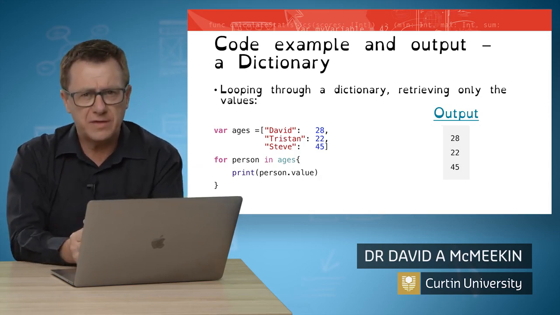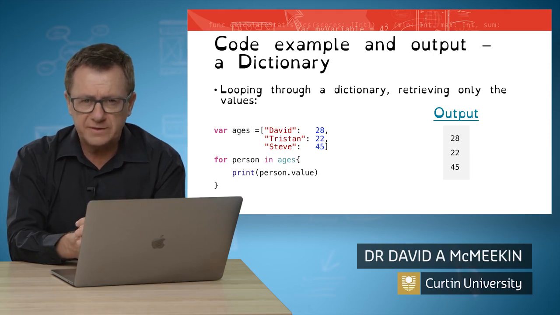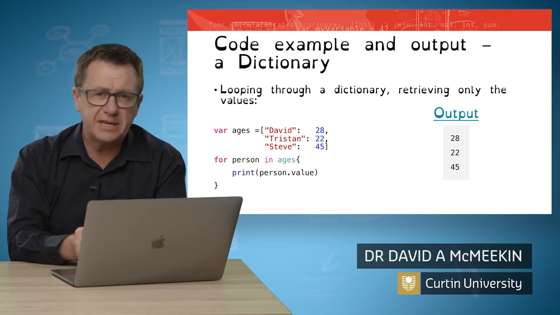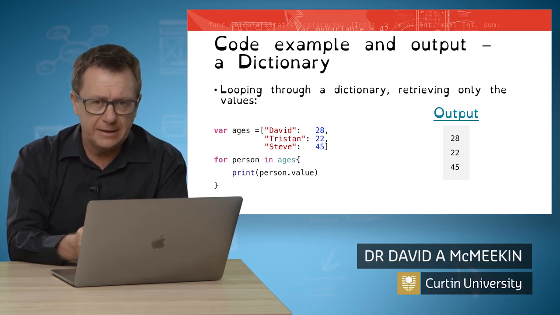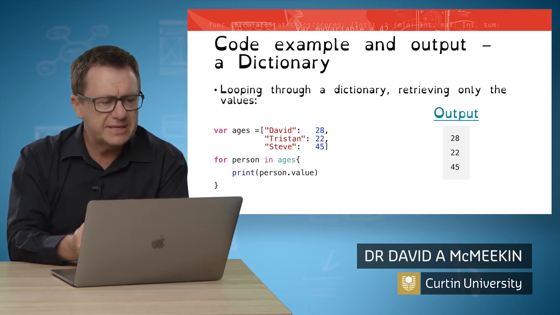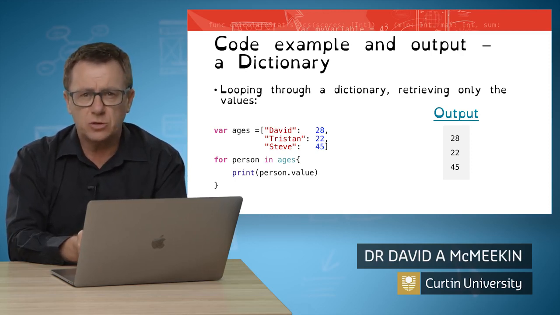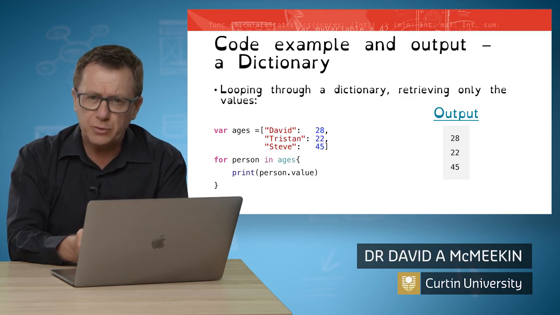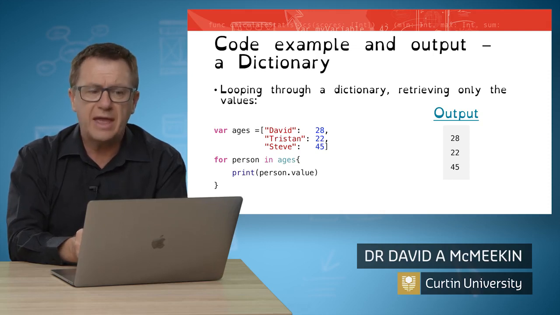We go one further, and hopefully you've already guessed what we've done. We've now gone person.value. We've looped through in a similar manner, and when we've come to the print statement, we've gone print person.value. And you see in the output there, the output that's come out are just the values 28, 22, and 45.